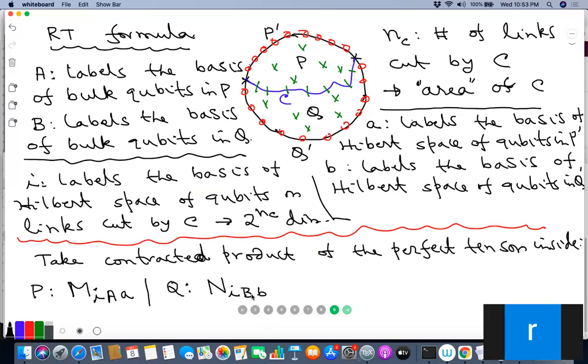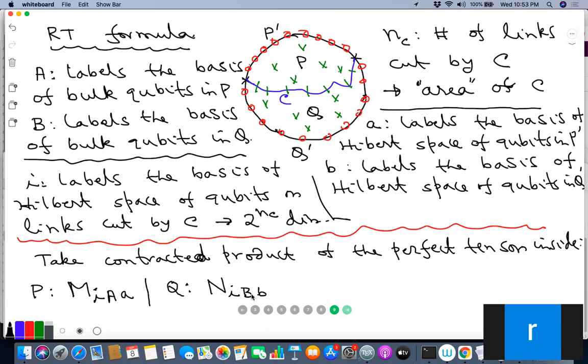I can take the product and I can decide that I'll keep the index I free. Eventually, if you want to construct the map from the bulk to boundary, then of course index I will be contracted. But given a cut, I can always define the product of tensors with keeping the index I free. These are the definitions.